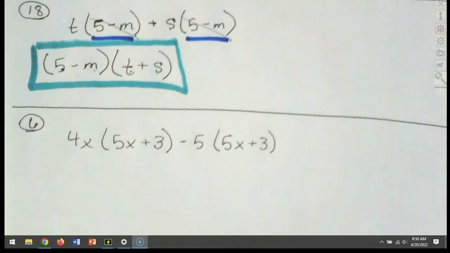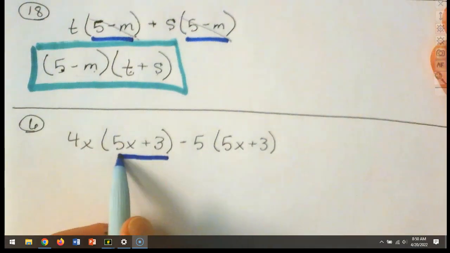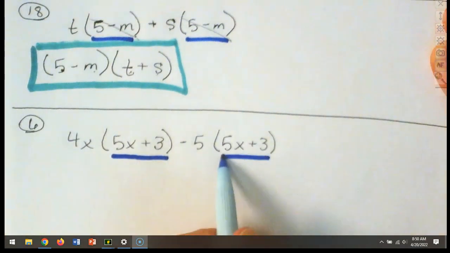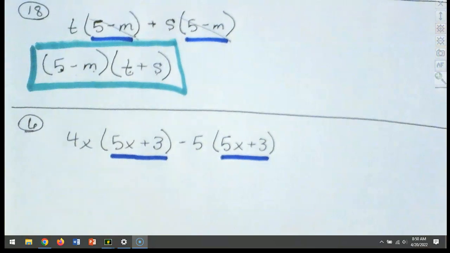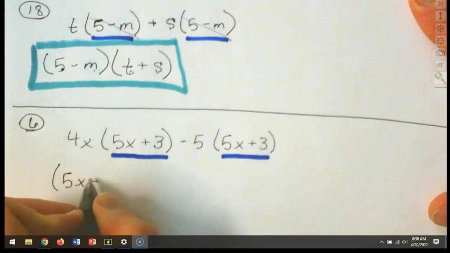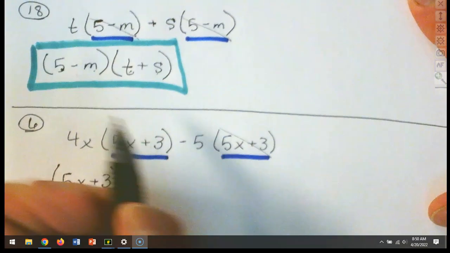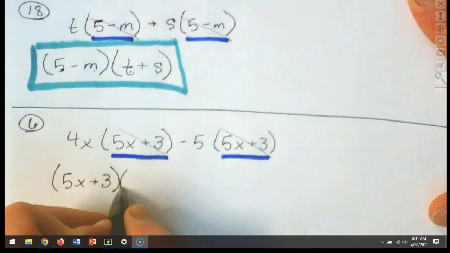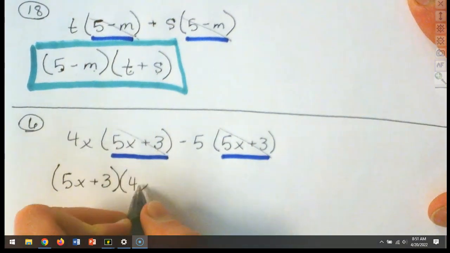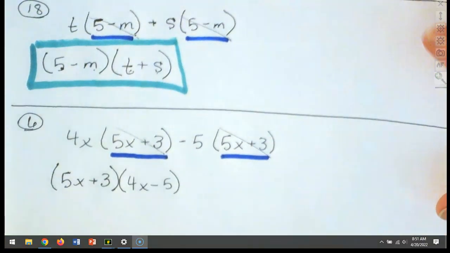It could be a number, a variable, or a set of parentheses. In this case, these parentheses are identical, aren't they? So that means it's going to come out as a 5x plus 3. Gone, and gone. What's left over? 4x minus 5. It didn't get crossed off, and that's your final answer.